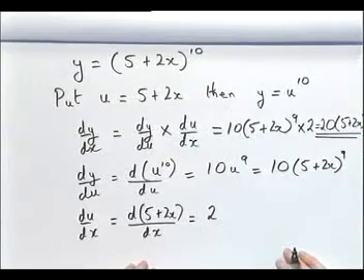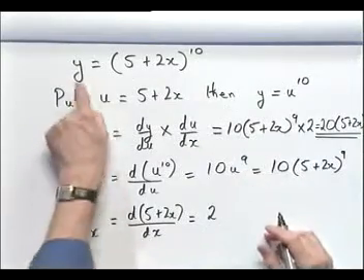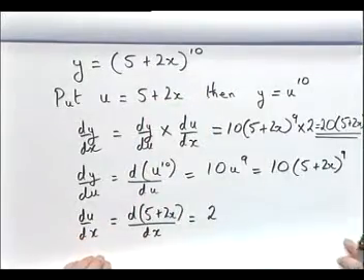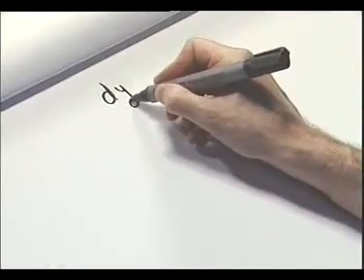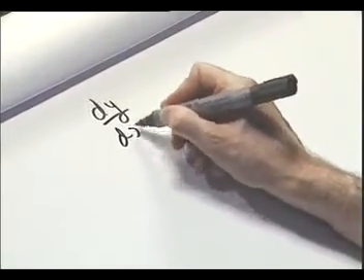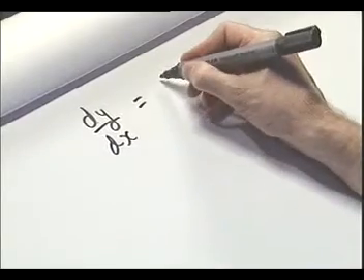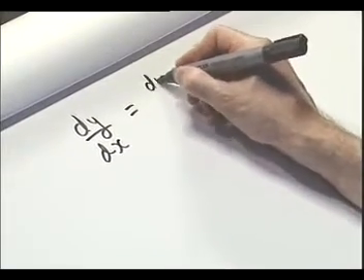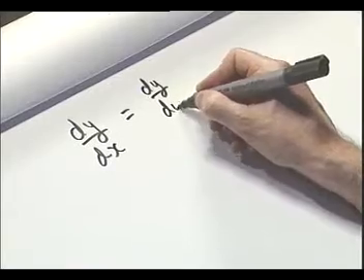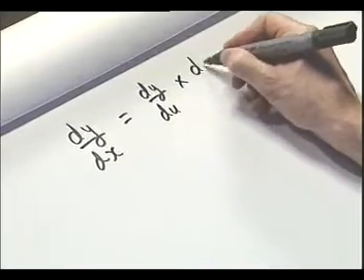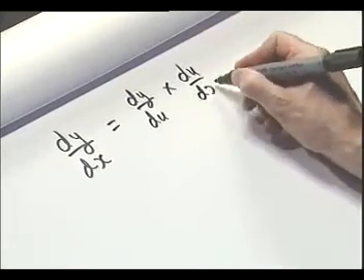And so we've used our chain rule in order to be able to differentiate this function. So let me just write our chain rule down here. dy by dx is equal to dy by du times du by dx.